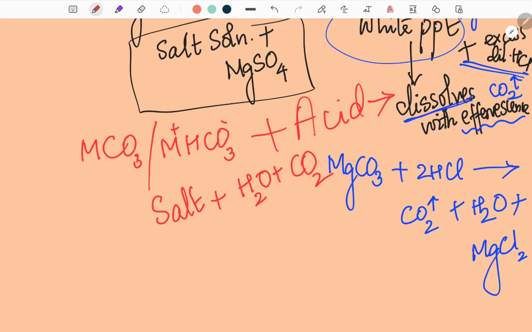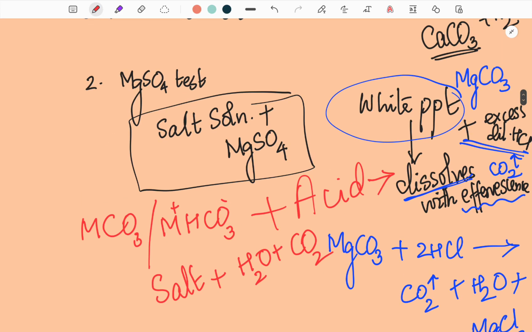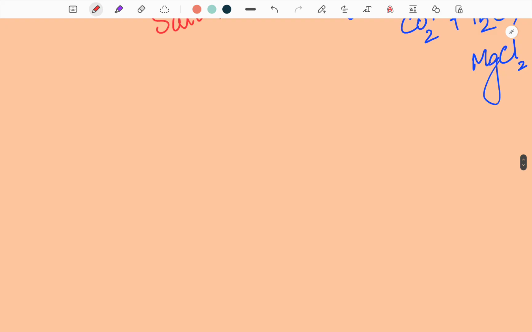So this is a fixed reaction, and this is something you have learned in grade 10. For the grade 12 students, you have learnt it 2 years ago, and for the grade 11 students, you have learnt it last year. So the chemistry behind this test involves that reaction. I hope the confirmatory tests of carbonate ion are clear to you.